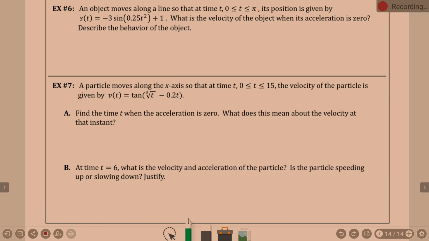So we're looking for when a of t equals 0. So slope is 0. So we're going to look for a graph.